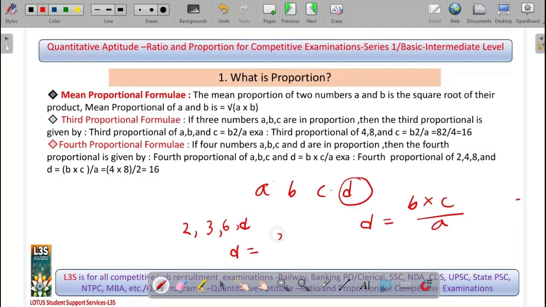It will be 3 into 6 by 2, which is equal to 9. So the proportion will be 2, 3, 6, 9. We have to remember these formulas because we see them coming many times in the exam. They are important.